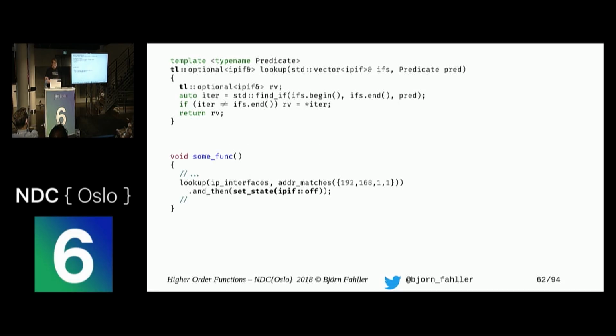So for example, I can say, look up this address and then set the state. Or I could use a lookup or create. Or I can chain them and just say, look this up and then set the state, or else just say that it failed. And this or else will be called if lookup fails, or if lookup was successful and set state failed.